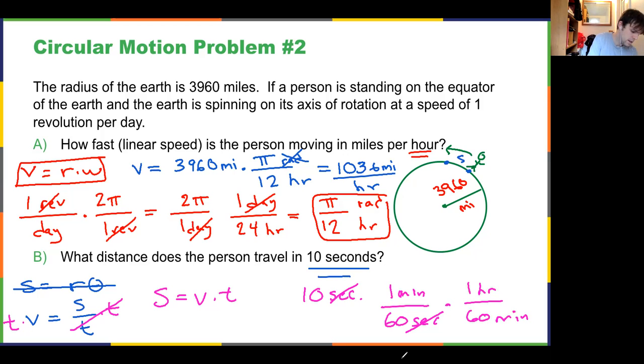So if I do 10 divided by 60 divided by 60, that's the same thing as 1 over 360. So I'm going to do it that way. So 1 over 360. I could cancel out the 10, so I get 1 hour. And then 6 times 60 is 360. So I get 1 over 360 of an hour.